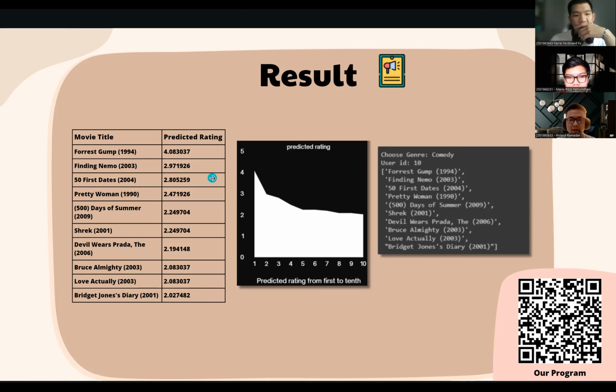And lastly would be the Jones movies, which has a predicted rating of around 2.02. Okay, that's all for the result. We could see the system by scanning this QR code.